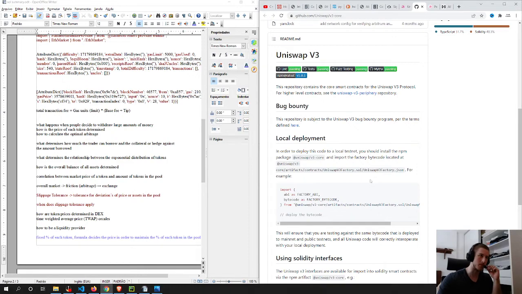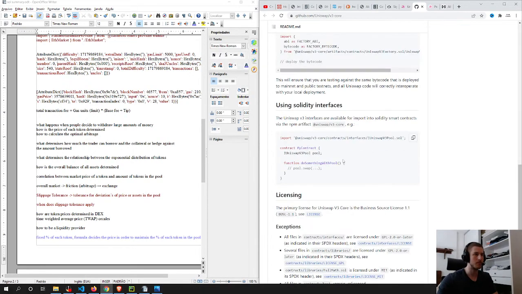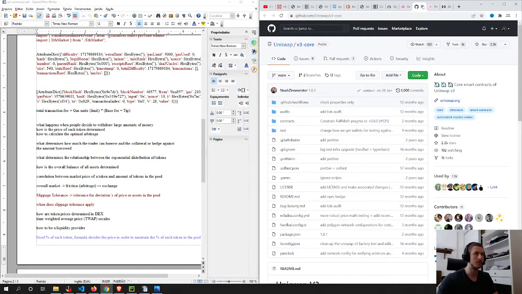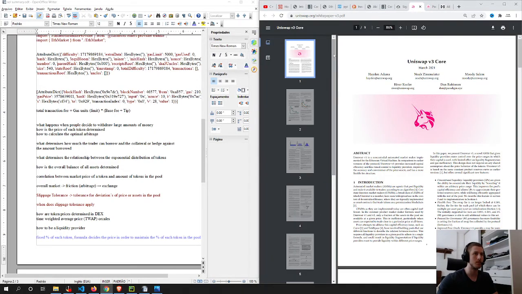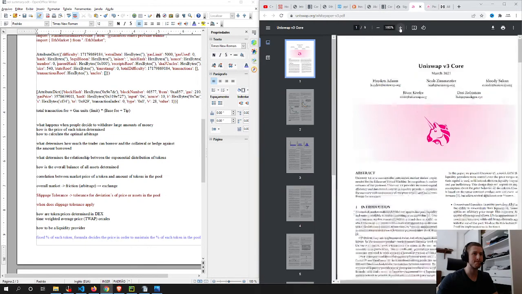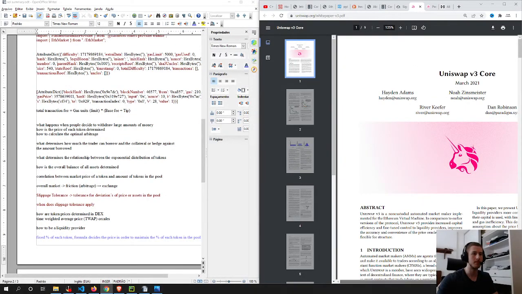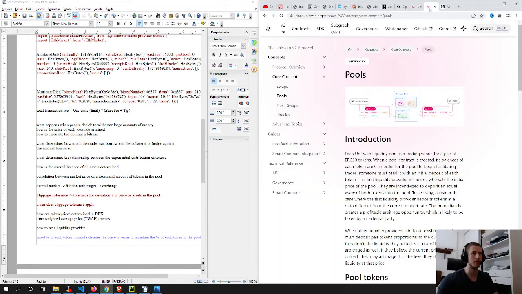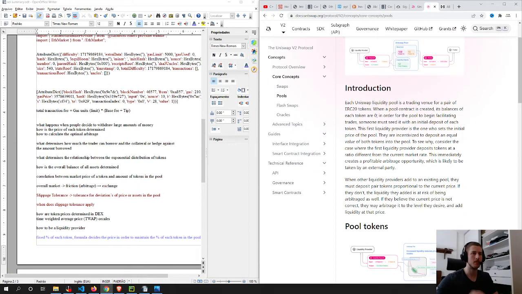Oh, this is the bug bounty stuff. I think I'm gonna put this on full screen. It's a trading venue for your ERC20 tokens. They must deposit pair tokens proportional to the current price.